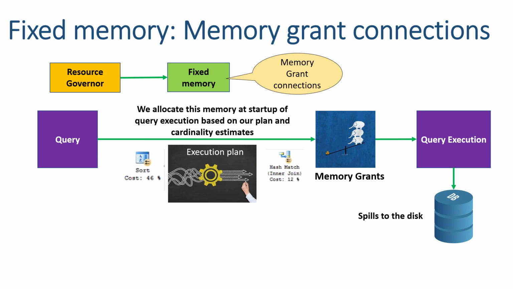For example, if the estimates are way off, like the optimizer thinks only 100 rows are coming out of the table instead of 1 million rows, then the memory grant that is allocated will be based only upon those 100 rows.